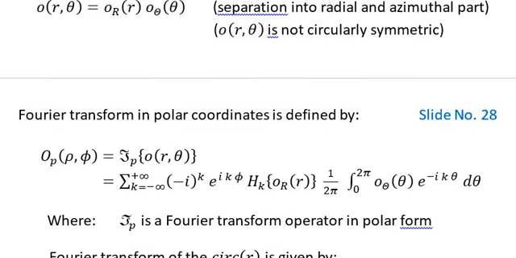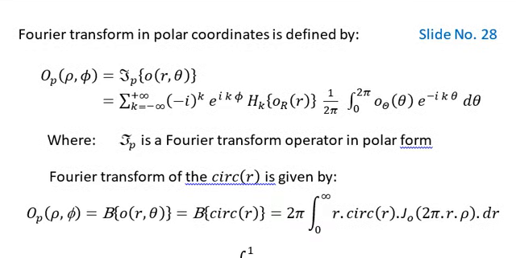The Fourier transform in polar coordinates of such a function is defined as capital O subscript p as a function of rho and phi. Now you see that here we have two variables, rho and phi, whereas before we had only rho.